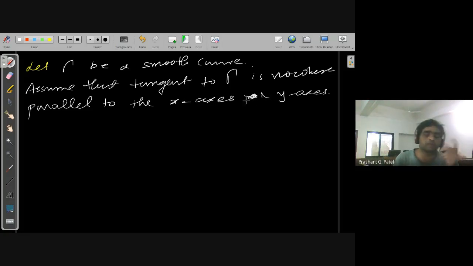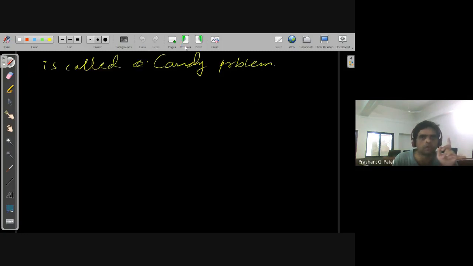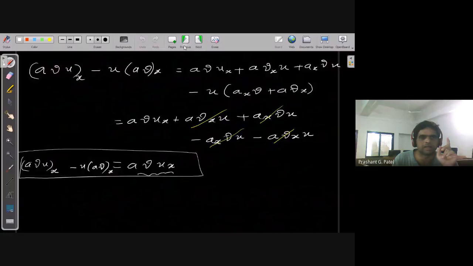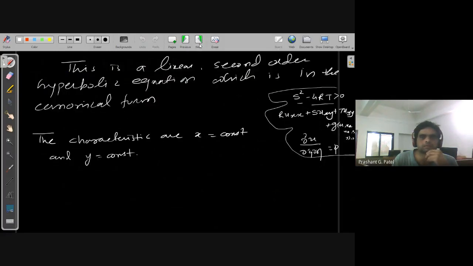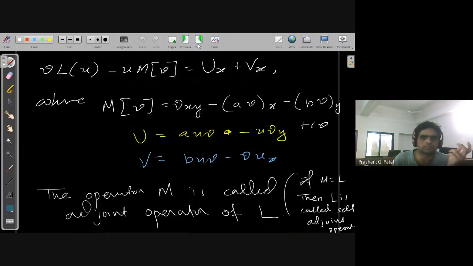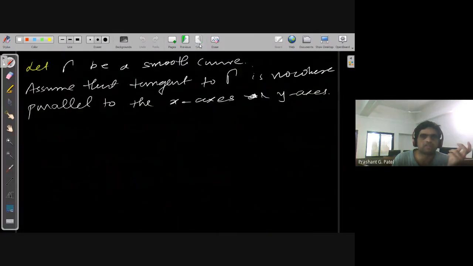Why? Because x constant and y constant are characteristics of equation 1. We already mentioned that this equation is of hyperbolic type and has characteristics x constant and y constant. That's why we assume that no tangent of gamma is parallel to the x-axis or y-axis.